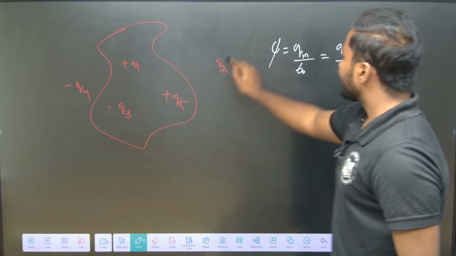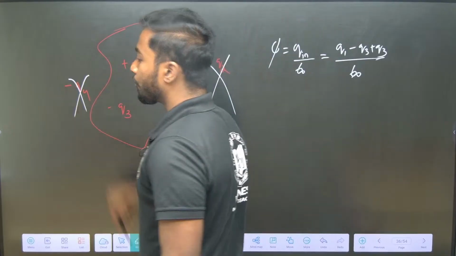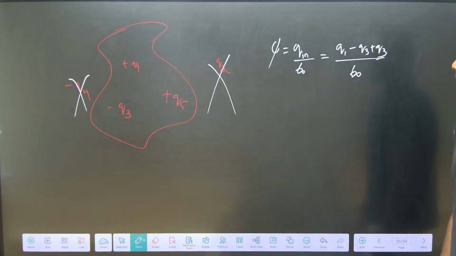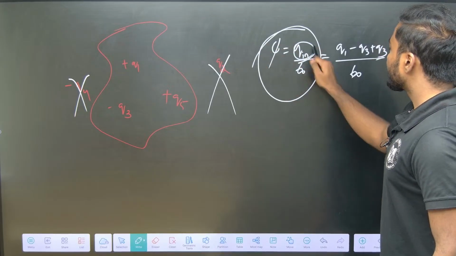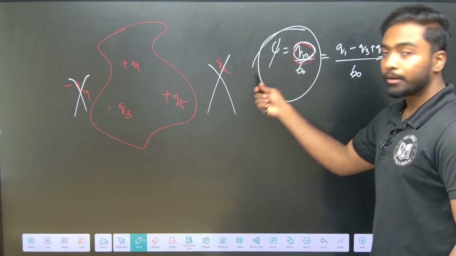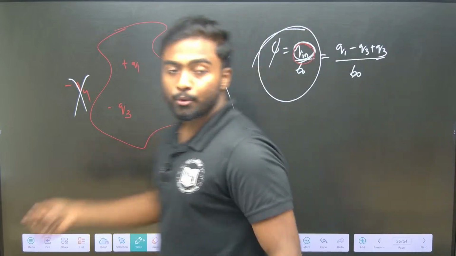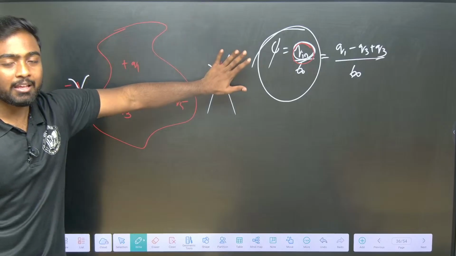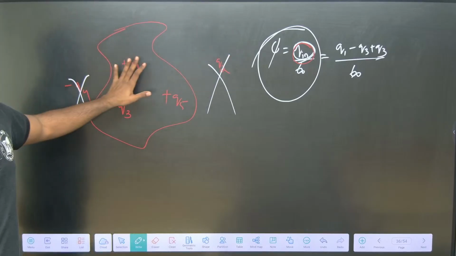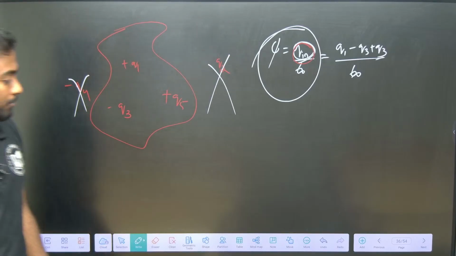We are not considering Q2 and Q4 because we are talking about the enclosed surface. They don't affect the flux through the enclosed surface.